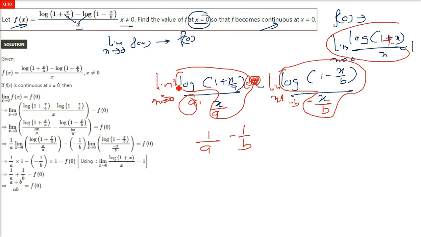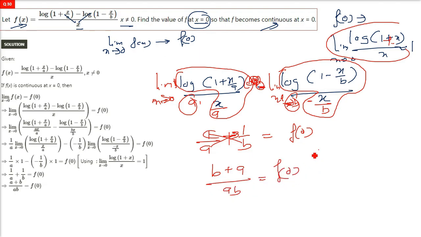See, there is a negative already and we have multiplied by negative b, so negative will become plus. So 1 by a plus 1 by b, and that is going to be your f(0). You are equating it to f(0). So you can write it as (b plus a) divided by ab. That is going to be your f(0). This is your answer.